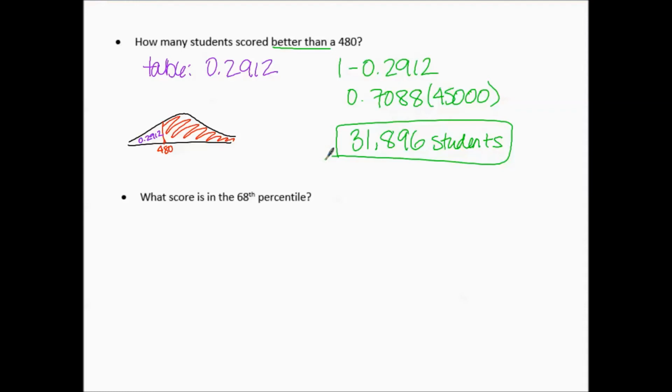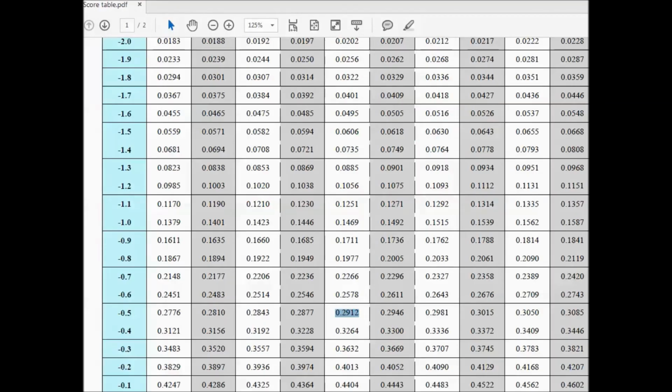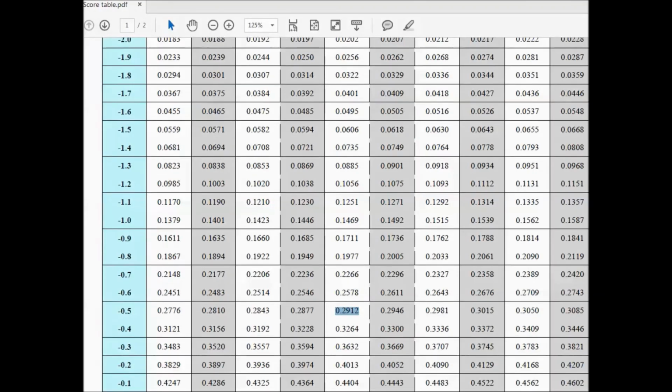The next question asks, what score is in the 68th percentile? So for this problem, we're going to work backwards. If we knew that something was at the 68th percentile, that would mean that the table gave us a value of 0.6800. So let's go to the table and see approximately what z-score that would be.